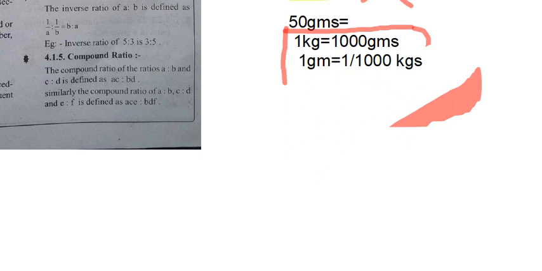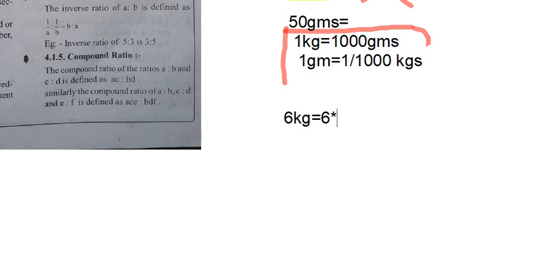See this. Here I will write 6 kg is equal to 6 into 1000.